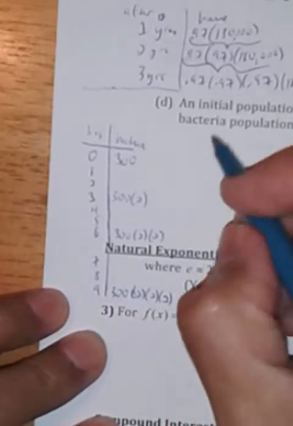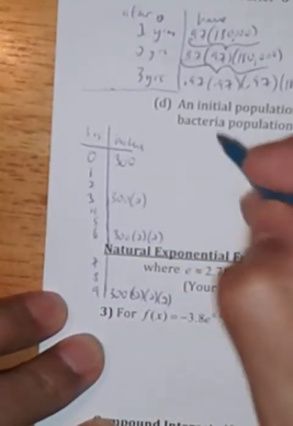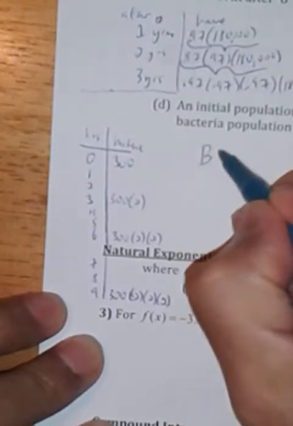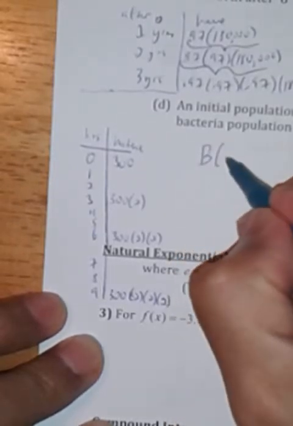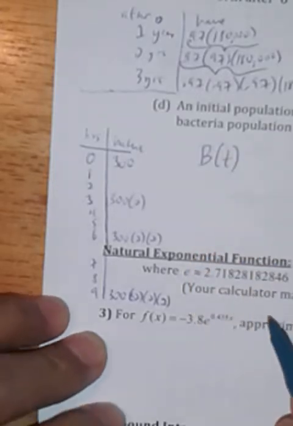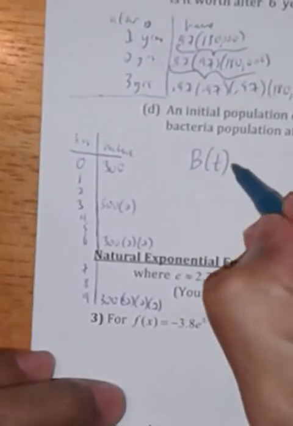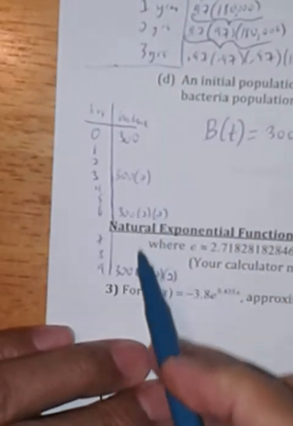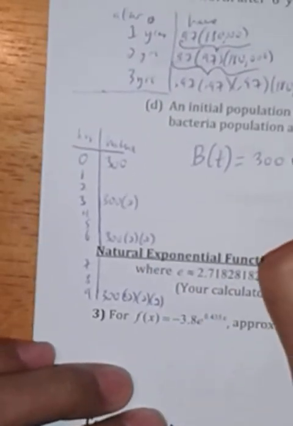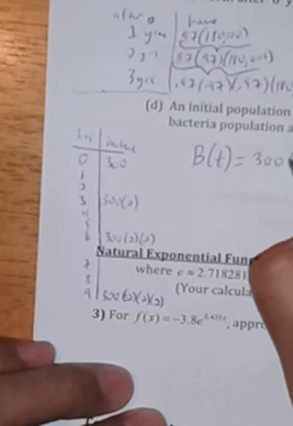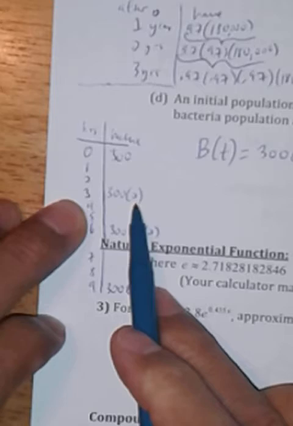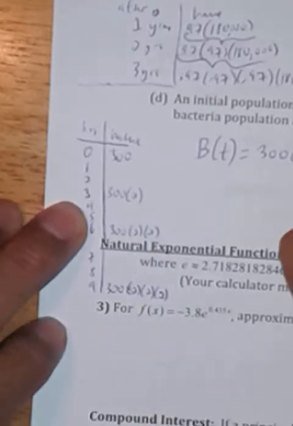And so if I were to write a formula for the number of bacteria, let's call it B of T, hours T, is 300 times, notice there's a 300 all the time, times 2 to what power? Well, it's T hours, right?